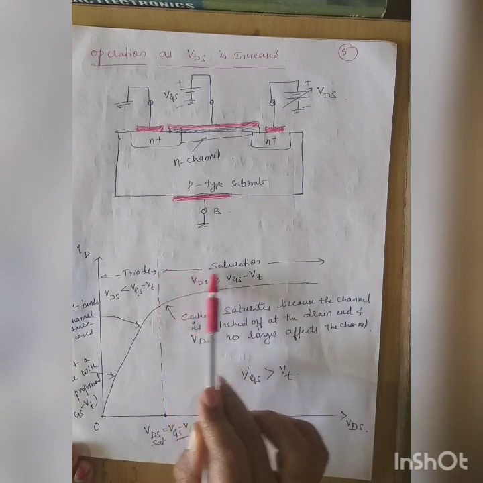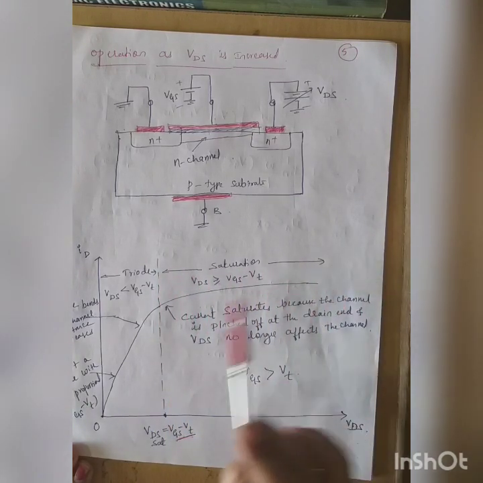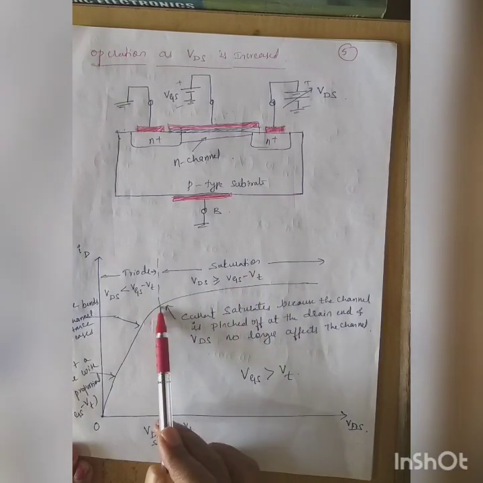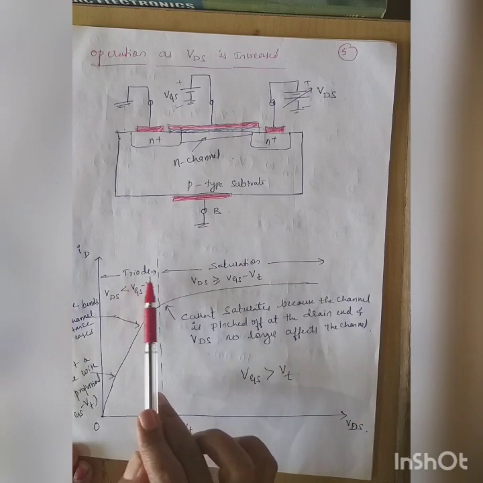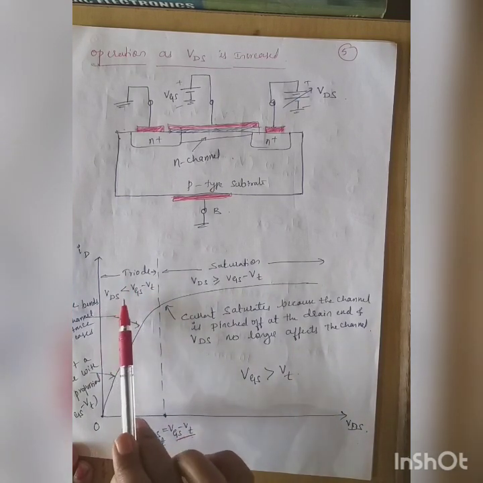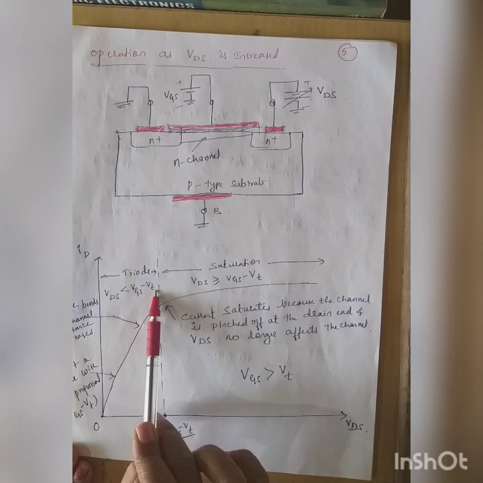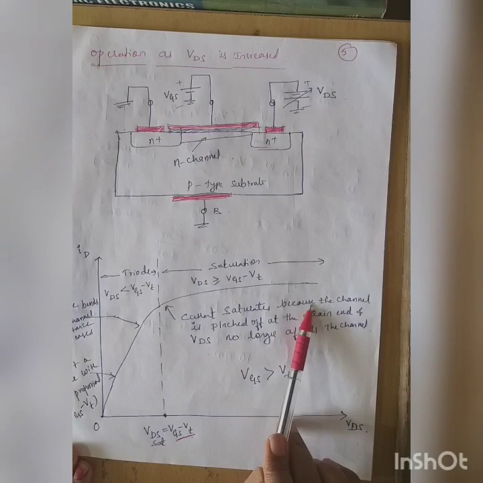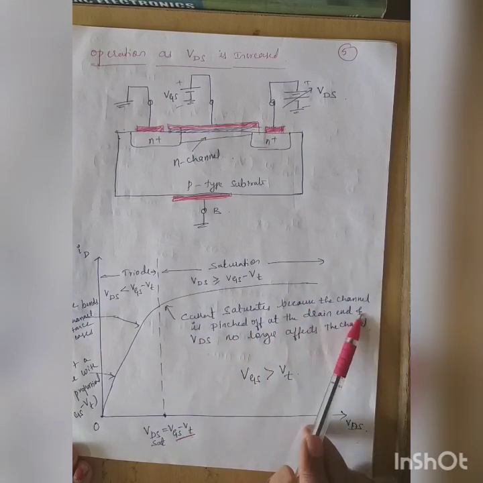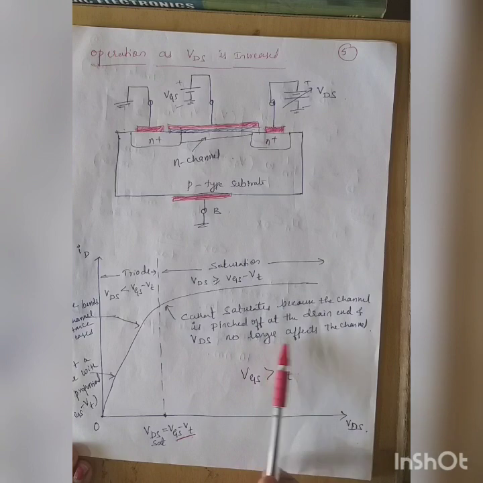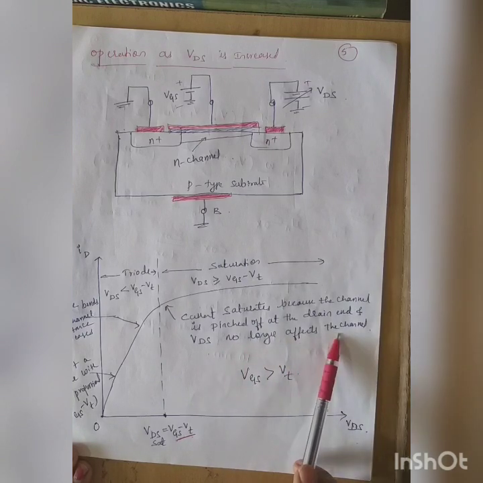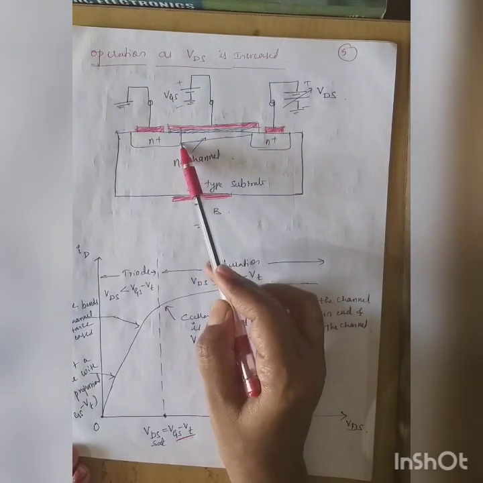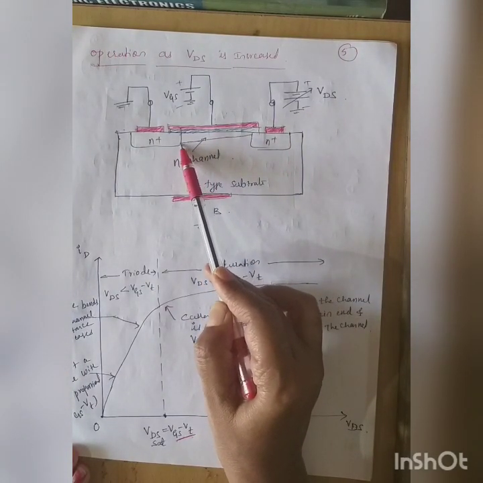So this region we call the saturation region, where VDS is greater than or equal to VGS minus VT. This initial region we call the triode region, where VDS is less than VGS minus VT. Here it is written: current saturates because the channel is pinched off at the drain end and VDS no longer affects the channel. Just see in the diagram what happens. As you go on increasing VDS, the channel shape becomes like this.